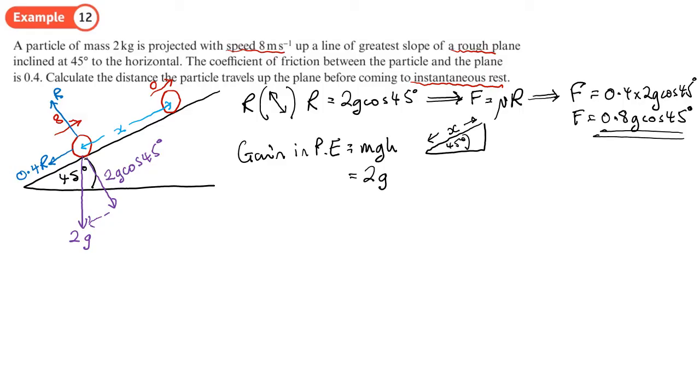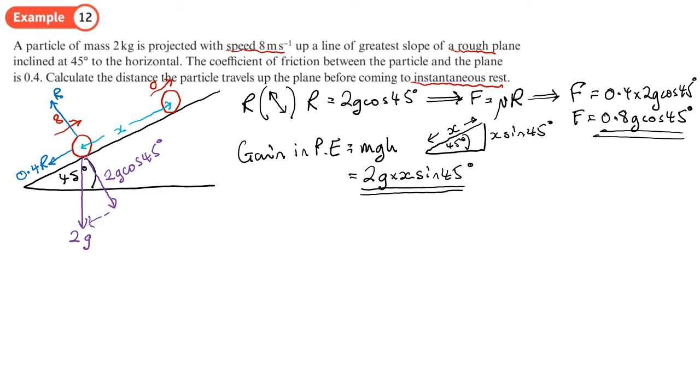That means it's increased a vertical height of x sin 45. So that's what h is. So 2g times x sin 45. That's my gain in potential energy because it's gone up.